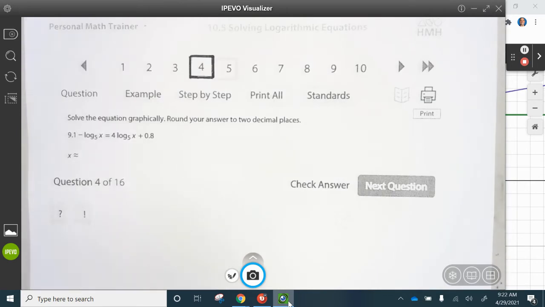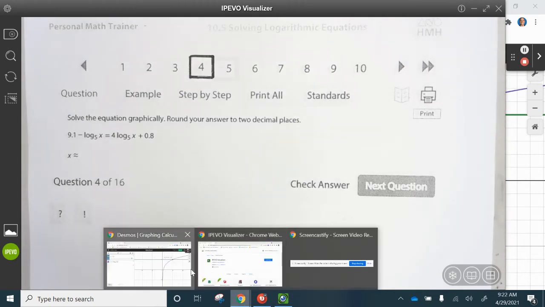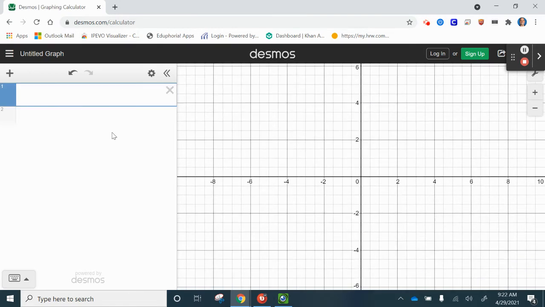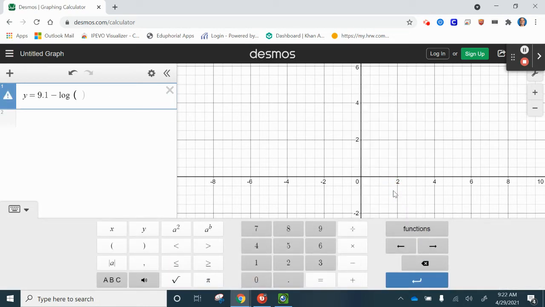All right, question 4 of 16. Solve the equation graphically, round your answer to 2 decimal places. Okay, so let's go ahead and graph that using Desmos. I'm going to X out here, press the home key, and then y equals 9.1 minus log, if there's not a base, oh no, there's a base, 5 of x.